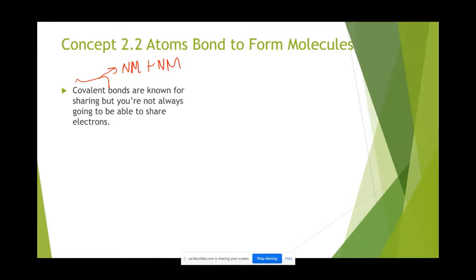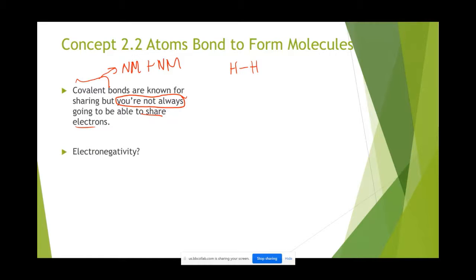So if you know a covalent bond is non-metals plus non-metals, and you know that they're known for sharing, you're not always going to be able to share. Why do you think you're not going to be able to share? Does anyone know? What can cause something to not be shared equally between each other? Being more electronegative.